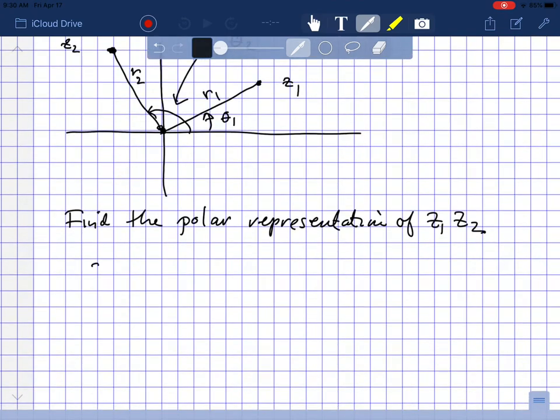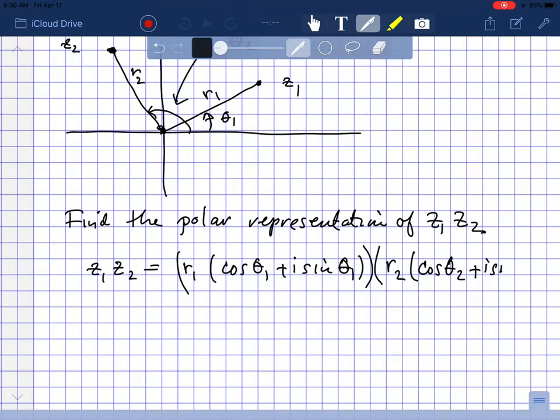So I know that Z sub 1 times Z sub 2 is going to equal R sub 1 times the cosine of theta sub 1 plus I times the sine of theta sub 1, times R sub 2 times the cosine of theta sub 2 plus I times the sine of theta sub 2.